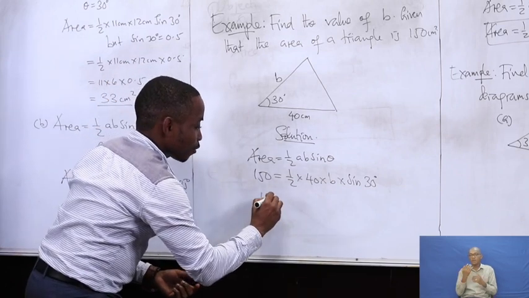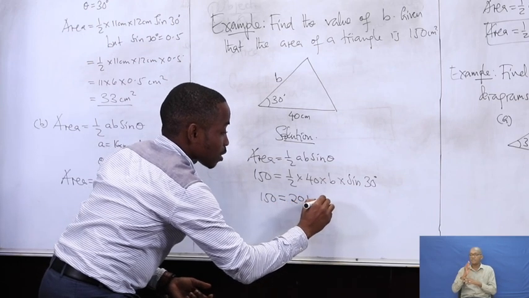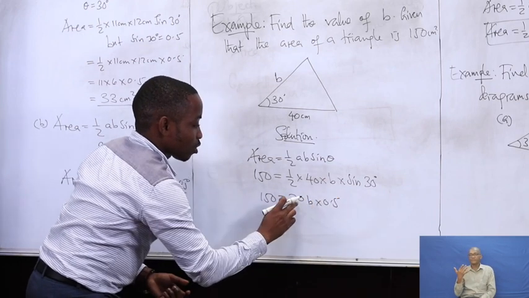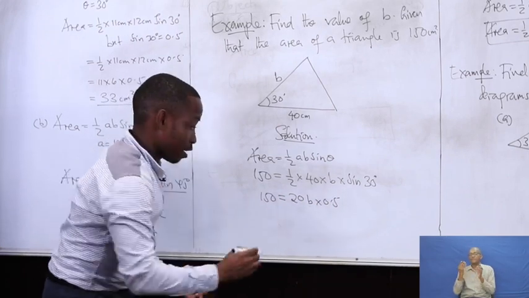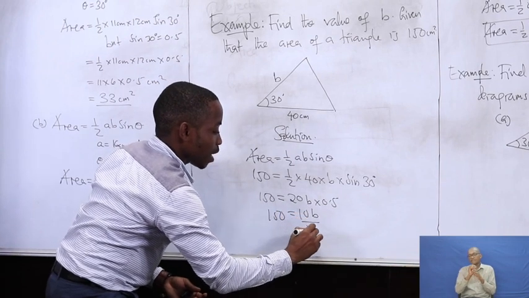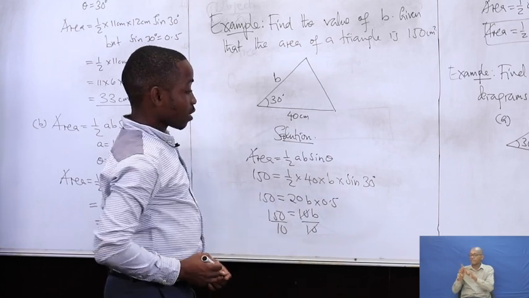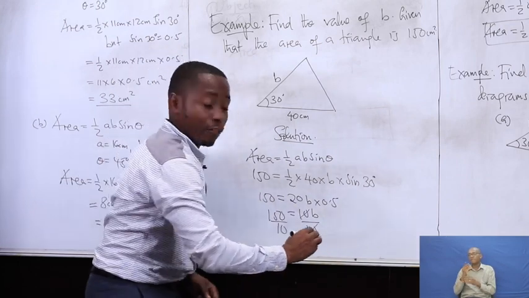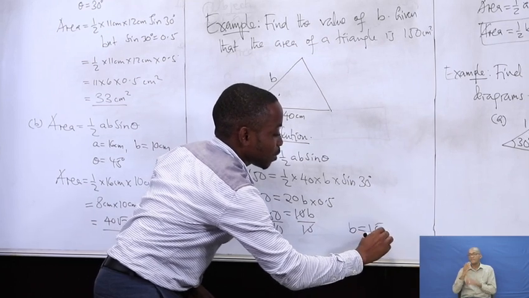Here we get 150 equals 20B times 0.5. 20 times 0.5 is 10. We get 150 equals 10B. If we divide by 10 throughout, this 10 and this one will cancel. We get the value of B equals 15 centimeters.